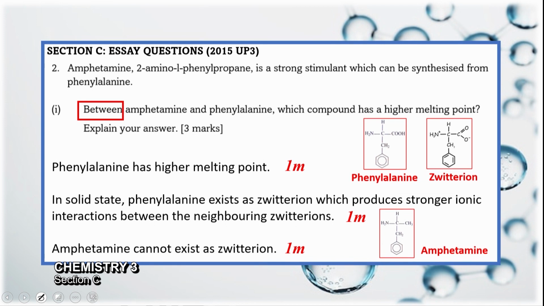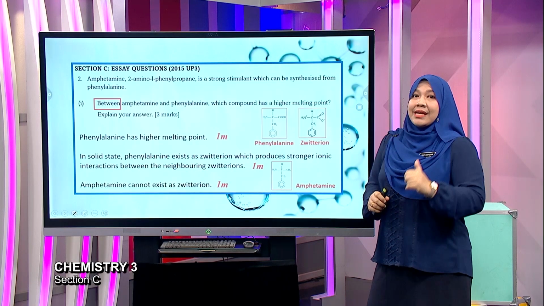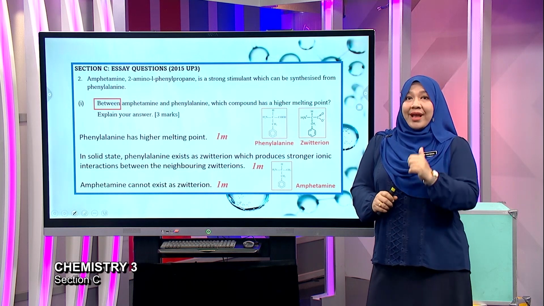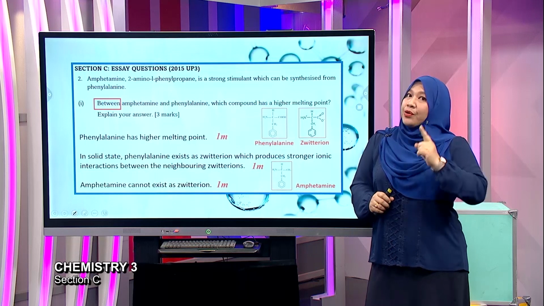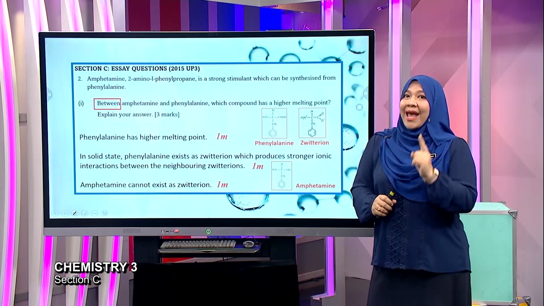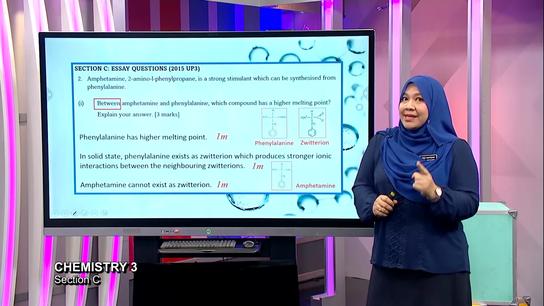So from the compounds given, phenylalanine and amphetamine, we can know from their structures that phenylalanine is an amino acid, whereas amphetamine is not an amino acid. So first off, you have to answer which one has the higher melting point. So of course, that is phenylalanine, 1 mark.